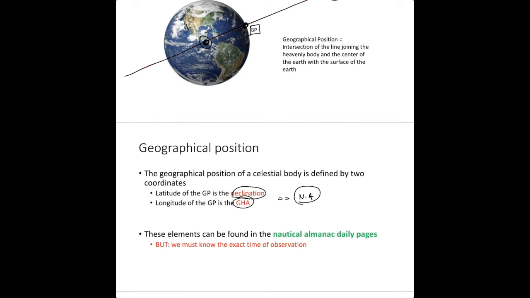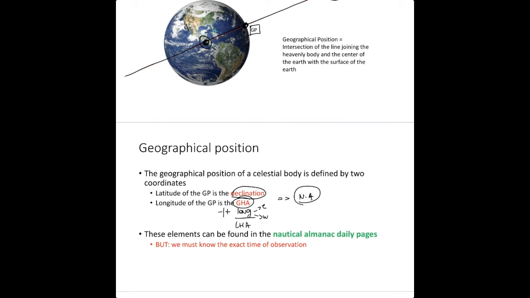That is what you can find in the nautical almanac, but you know that you add or subtract the longitude to the Greenwich hour angle that you get. We should all say this together, the local hour angle. Okay, and so it depends on whether your longitude is east or west, whether you have to subtract or add your longitude to your GHA in order to obtain the LHA.